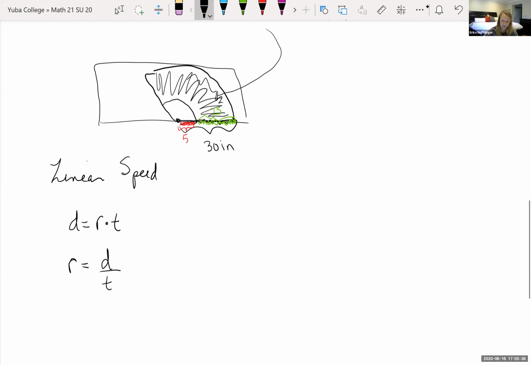Instead of the speed being r, I'm going to call it v, is equal to my distance, which is the arc length s, all over t. The s could be written as r theta, all over t. So this is our formula for linear speed. Again, theta has to be in radians.